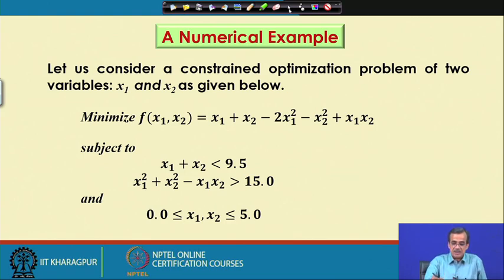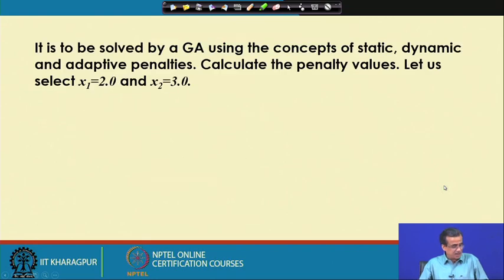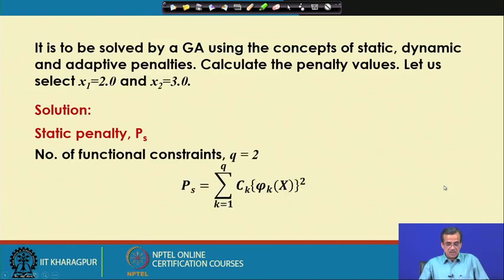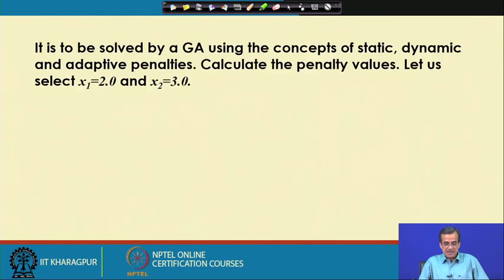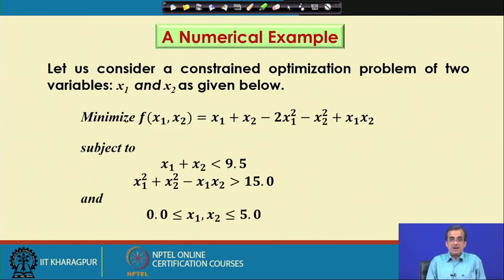As I mentioned, if there is no violation of the functional constraint, we put the penalty term equal to 0. But for the second functional constraint there is a violation. Just to check that, let me concentrate on the second functional constraint.